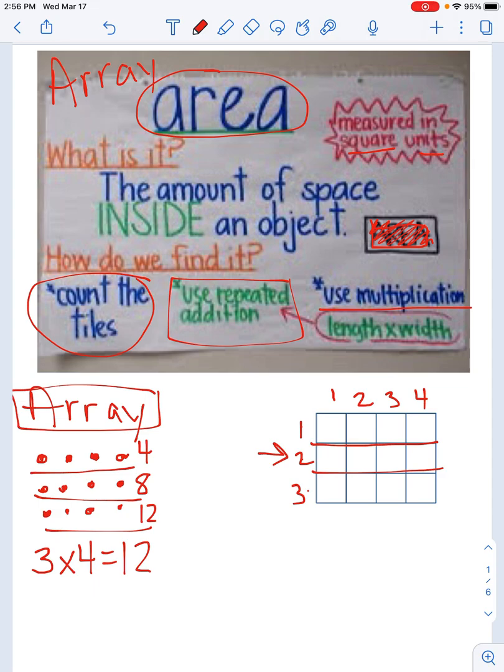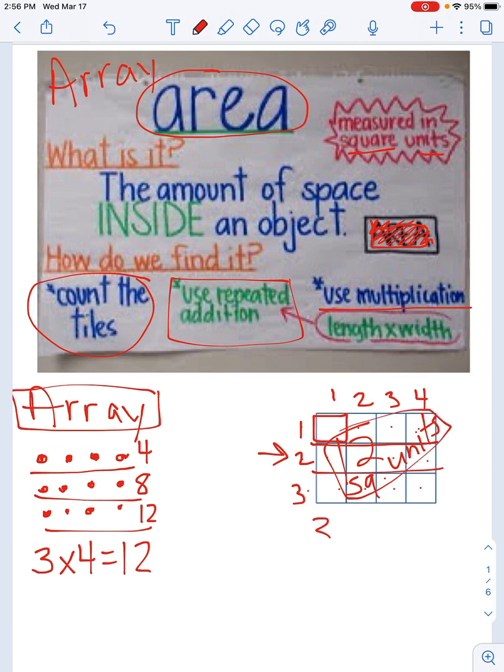If I want to find the area of this shape, all I have to do is count the squares: 1, 2, 3, 4, 5, 6, 7, 8, 9, 10, 11, 12. This has 12 square units. That's the area.